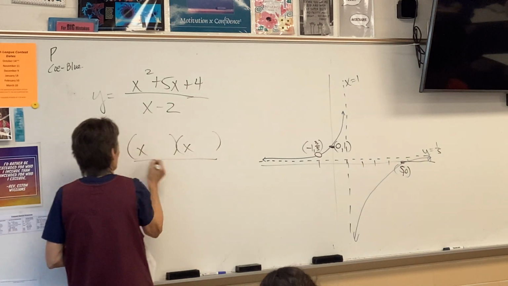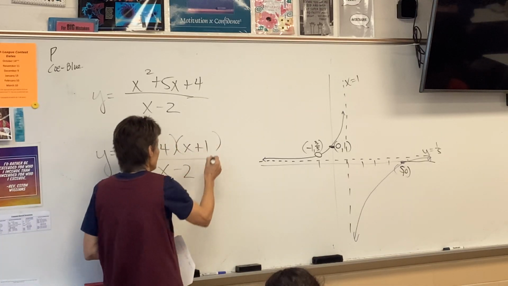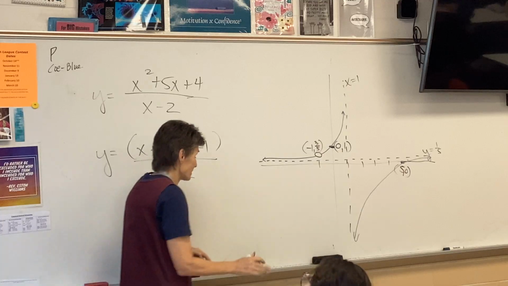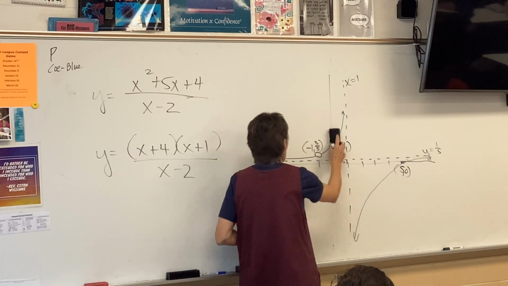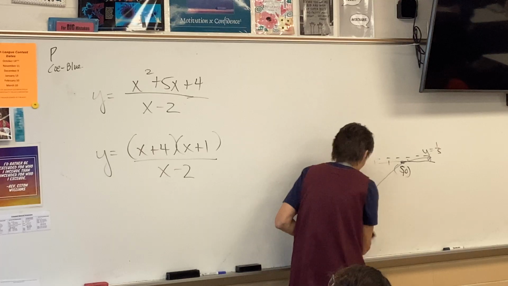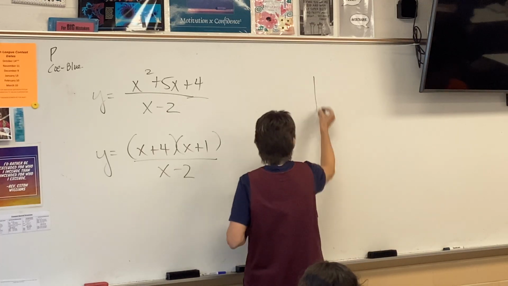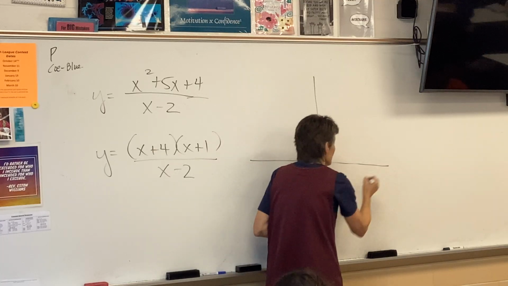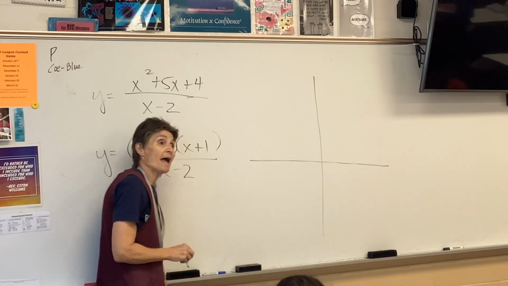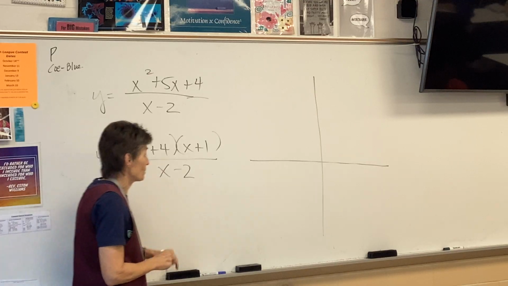And how will it factor? x plus 4, x plus 1. And that's fine, but do you notice that nothing cancels? So that means we just won't have a hole in this picture. Do we have a vertical asymptote in the picture? X equals 2.